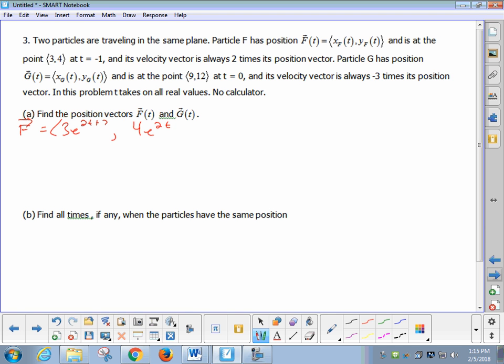I said 2e plus 2, but I meant 2t plus 2. Vector G, I have 9e to the negative 3t and 12e to the negative 3t.